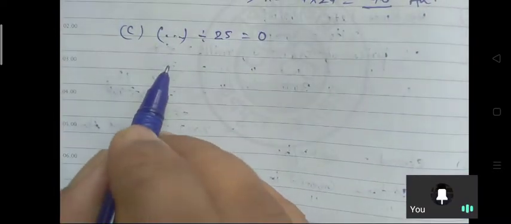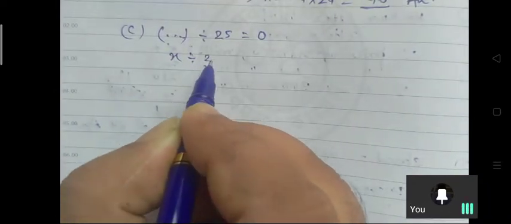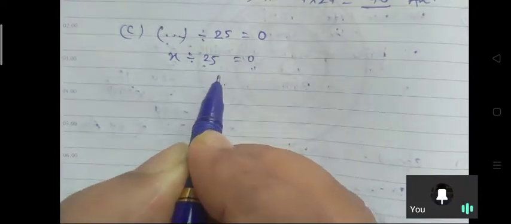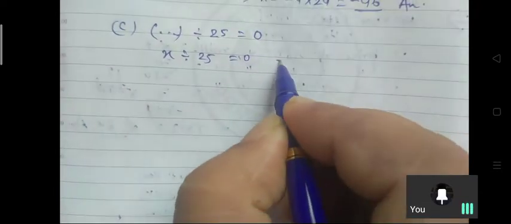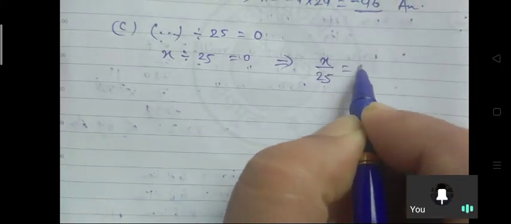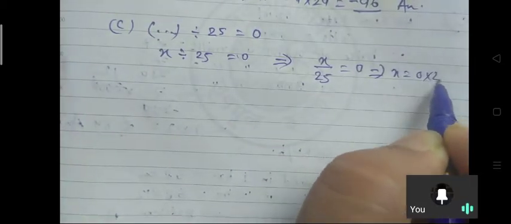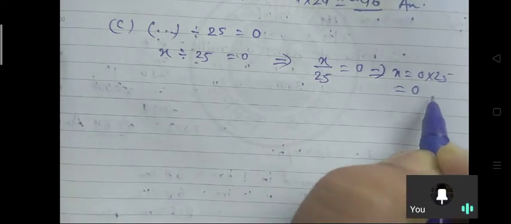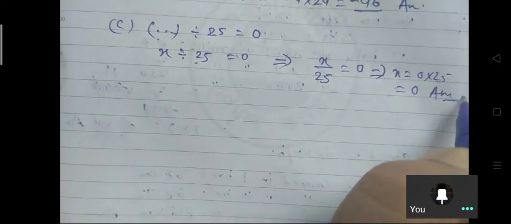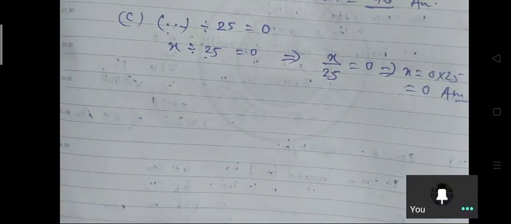So in place of blank space, we can write x divided by 25 equal to 0. So this implies x by 25 equal to 0, which means x equal to 0 into 25. That means x value is 0. In place of the blank space, we can write 0 here. Have you understood?